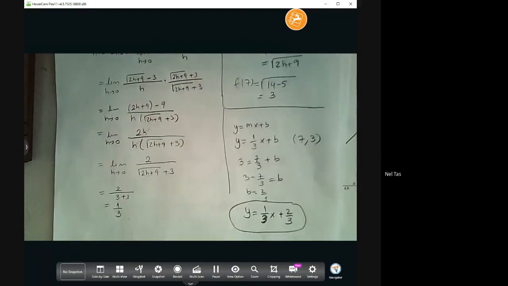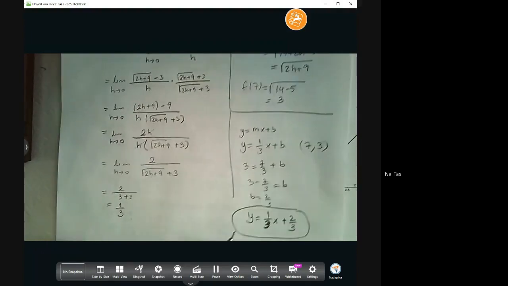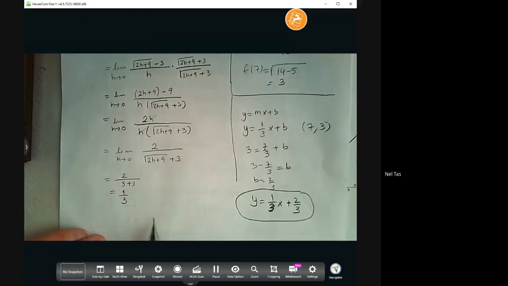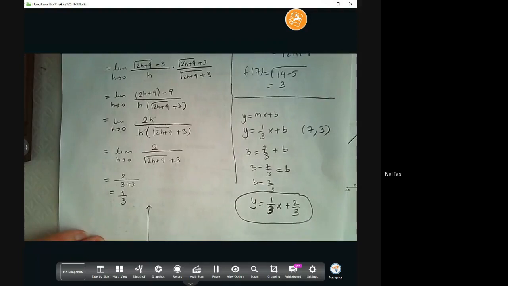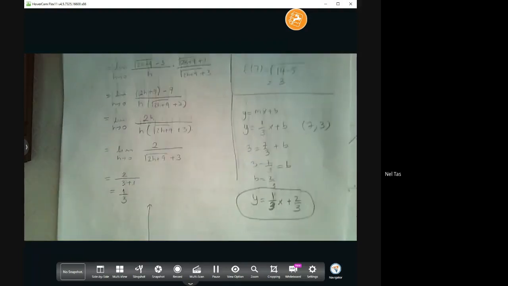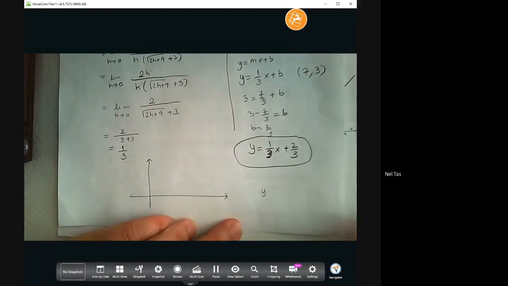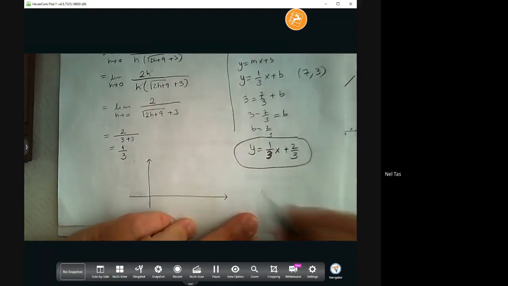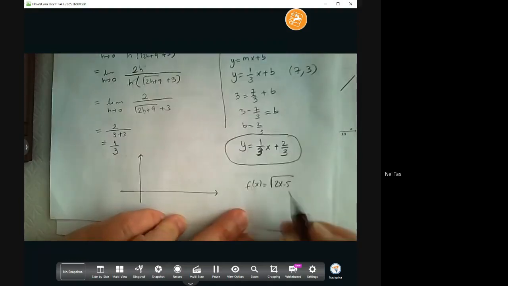You can see. So this is what it means. If I sketch the graph and show you here. Okay, so the question, our f of x function is square root of 2x minus 5.